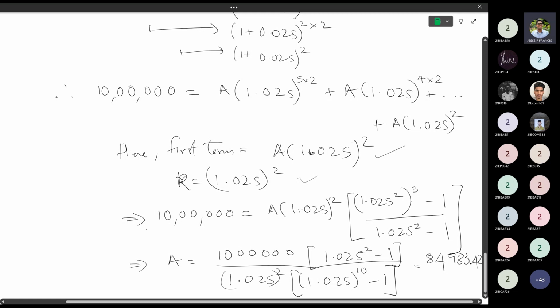For that, look at the summation here. Identify what is your common ratio, first term, etc. Apply that, you will get the answer. I hope it's clear to you guys.